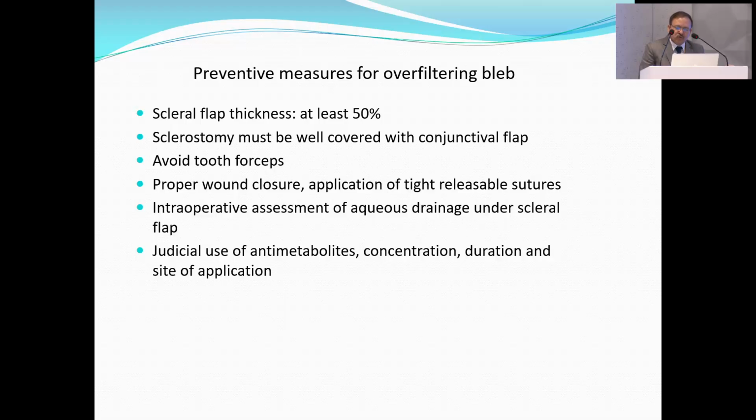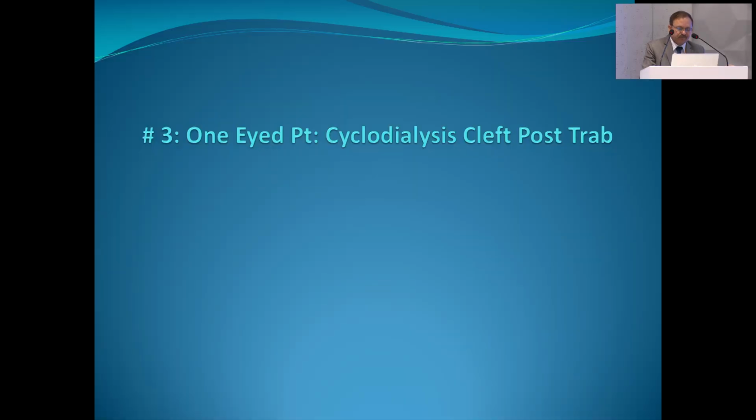And proper wound closure with application of tight releasable sutures is pertinent. Intraoperative assessment of the aqueous drainage after putting the sutures, and judicious use of anti-metabolites, its concentration, duration, and the site of application. We usually apply a little posterior to the flap.